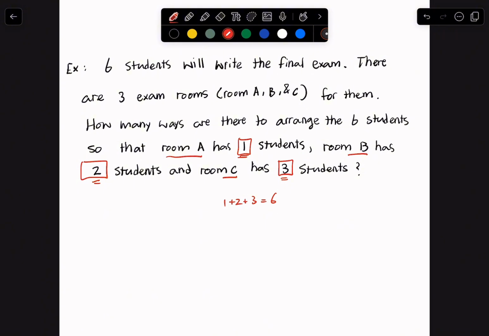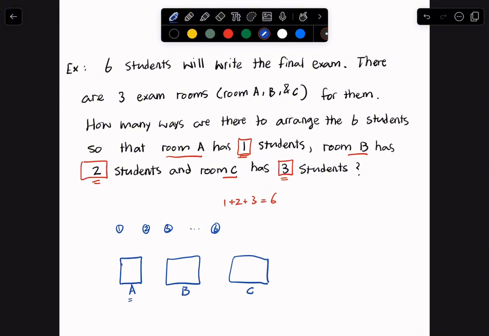Well, this question actually has a lot of information. So one thing I always recommend is to try to list some examples, which will definitely help you understand the question better. Let's name the 6 students 1 to 6, and I'll draw the A, B, C 3 classrooms.